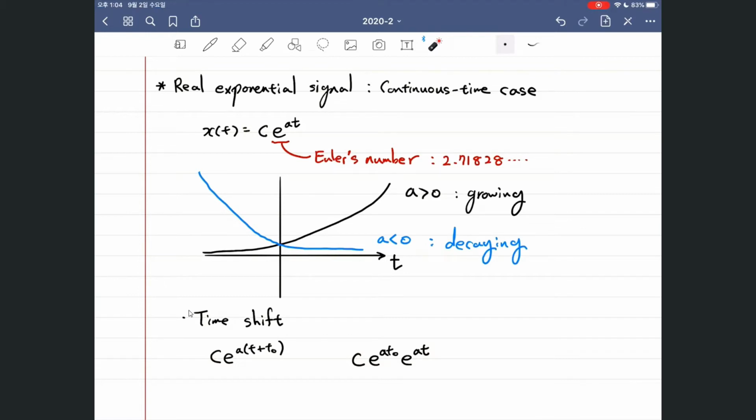When we studied the time shift in the continuous sinusoidal signal, the time shift could be interpreted as the phase shift, remember? But in this case, if you shift this real exponential signal in the time domain, then maybe it becomes like this.